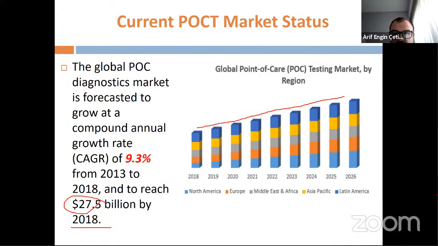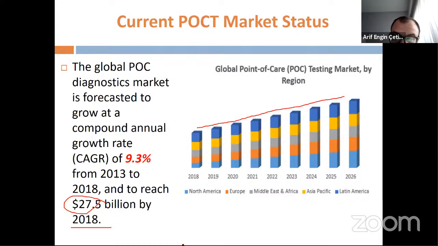So with the current pandemic, we see that different types of POCT diagnostic devices are needed for rapidly growing diseases, or we could also use these platforms to decrease the costs for diagnostics, which need to be monitored on a daily basis.